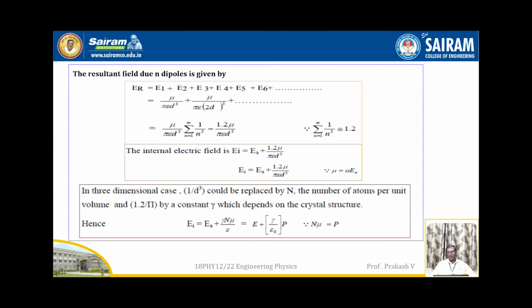Here mu is equal to alpha into epsilon E0. In the three-dimensional case, the value could be replaced by n, the number of atoms per unit volume. So here 1.2 is replaced by a constant which depends on the crystal structure.